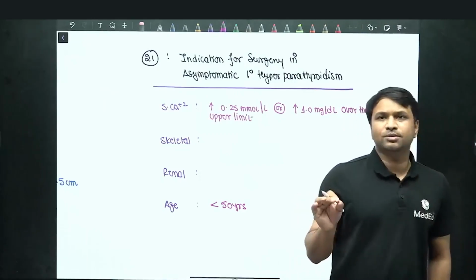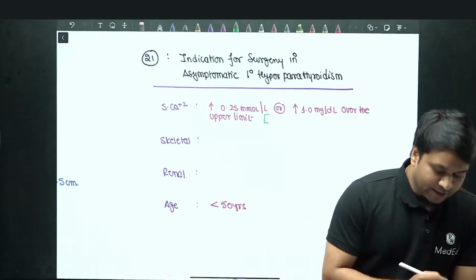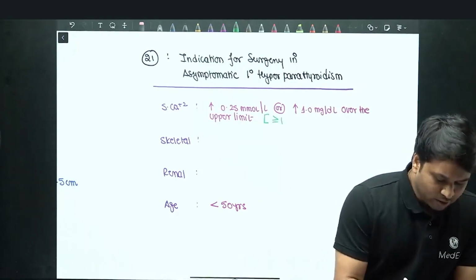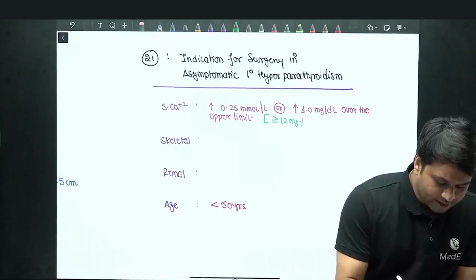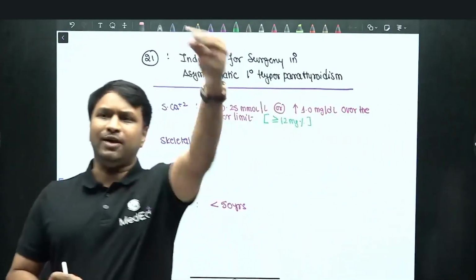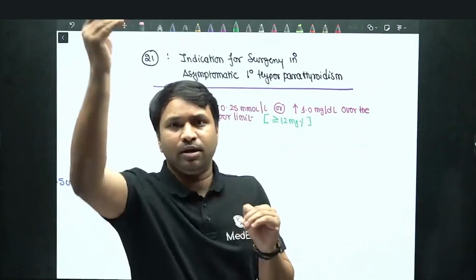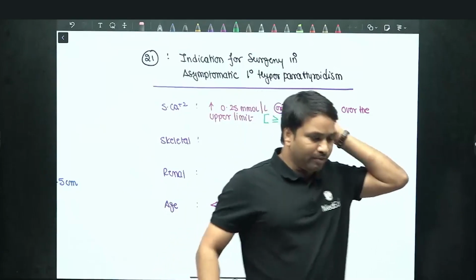This is an indication. What is the basic meaning behind this is, normal calcium is 9 to 11 milligram percent. If it is more than or equal to 12 milligram percent, it is an indication for surgery. ठीक है, normal क्या 9 to 11 है, उसके ऊपर 1 milligram per deciliter, that is 1 milligram percent over the upper limit is 11 and above that is 12. ठीक है, more than or equal to 12 milligram percent.